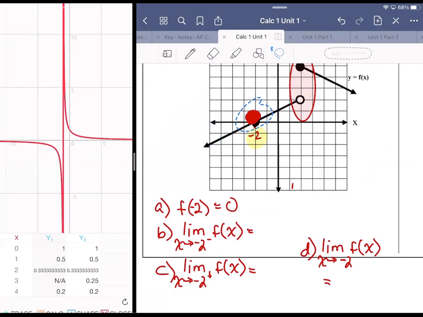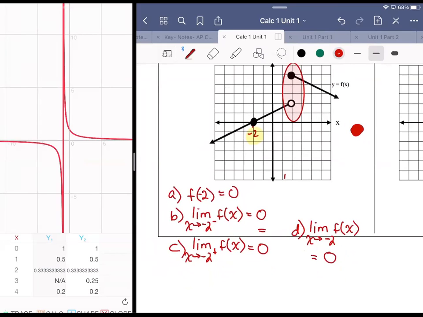From the left, I'm approaching this location. From the right, I'm approaching that same location, all of which have a y value of 0. So these are the same, and therefore the limit as x approaches -2 is equal to 0.